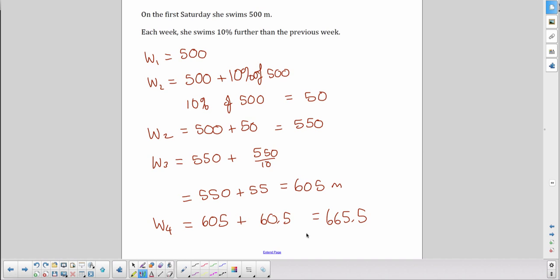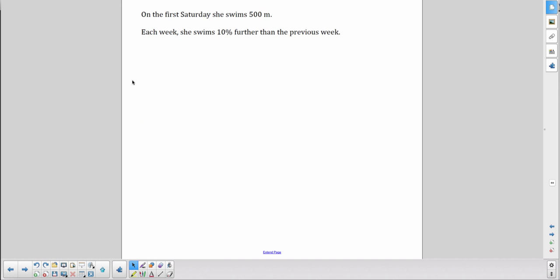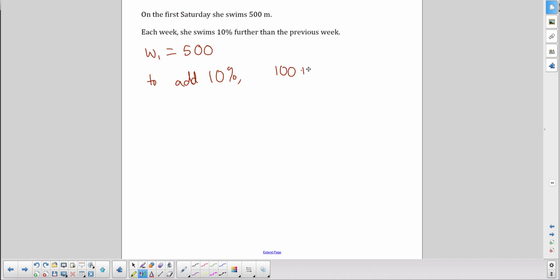So we can continue like that, or we can say, hey, isn't there a better way to do this? And so let's look at a better way to do this. So, starting again with a pen, we've got week 1 is 500 meters. Now to add 10% is saying that we want the original 100% plus 10 more, so we want 110%.